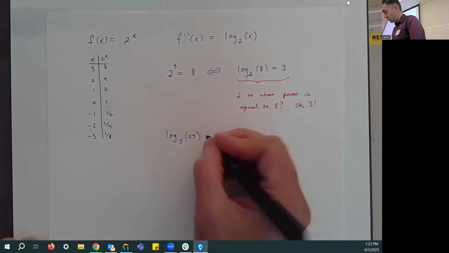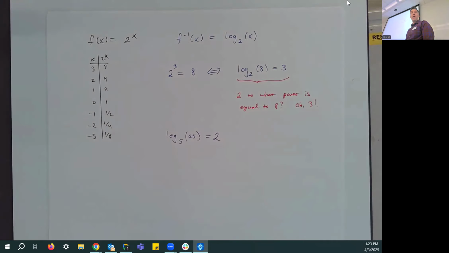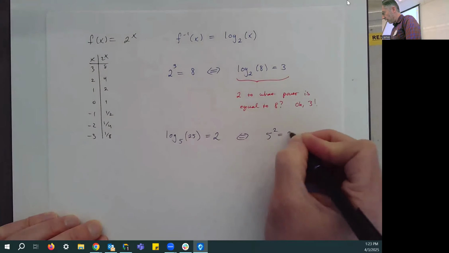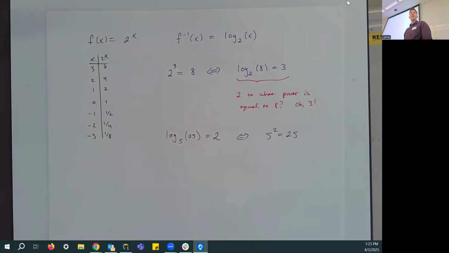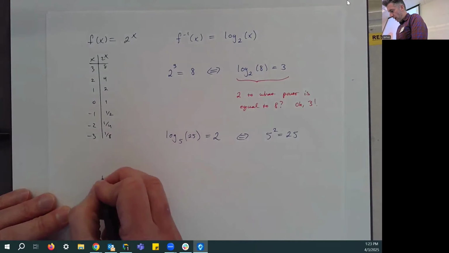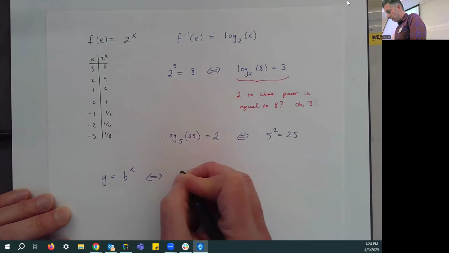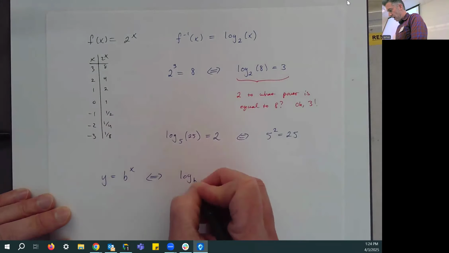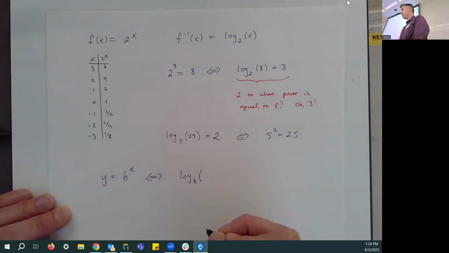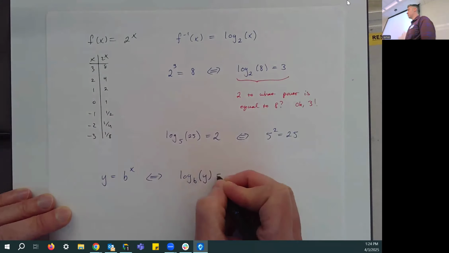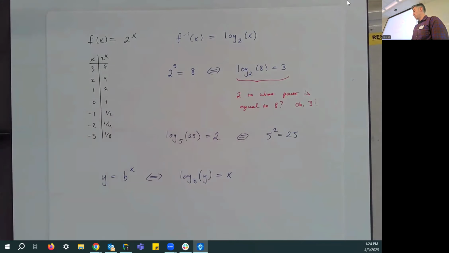Oh, the answer is 2, because 5 squared is equal to 25. So when we go between logarithmic and exponential equations, we think about going from, say, y equal to b to the x being interchangeable with log base b of y is equal to the exponent, which was x in that previous equation.